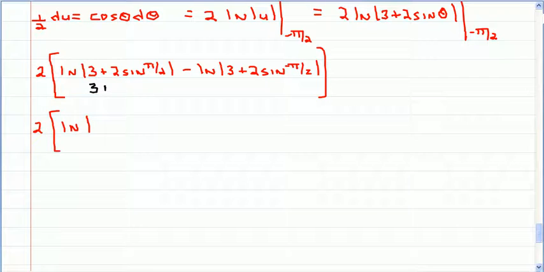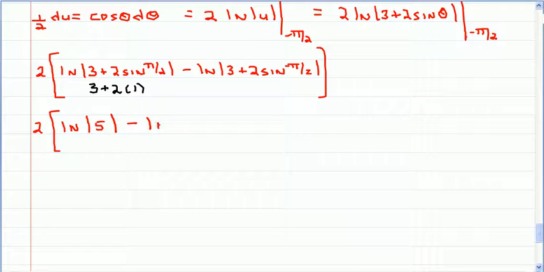So 3 plus 2 times the sine of pi over 2. The sine of pi over 2 is equal to 1. So this just simplifies to 5.